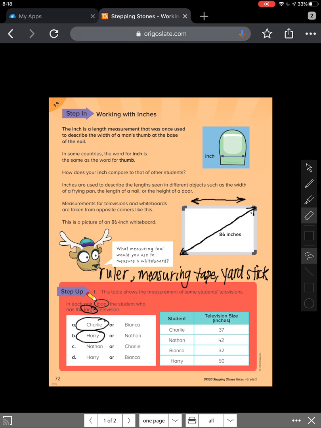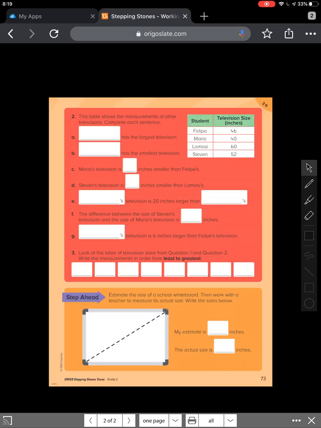Now I'm going to move over to letter C. It says Nathan or Charlie. So just like we did before, I want you to go through and look at Nathan and Charlie by yourself. And then you're also going to look at Harry and Bianca by yourself. So let's move on to page 2.